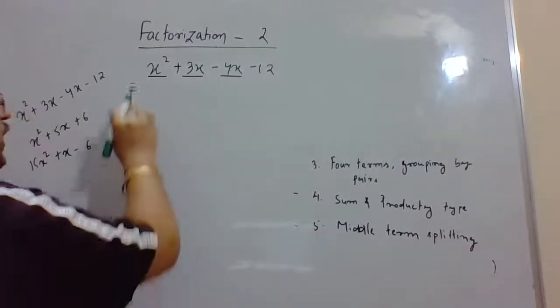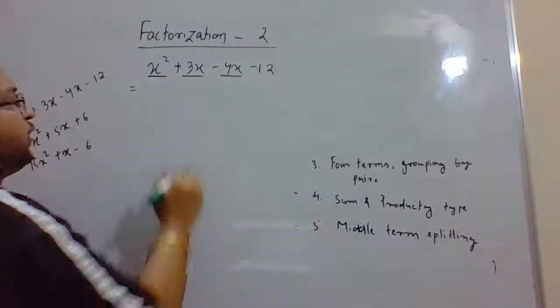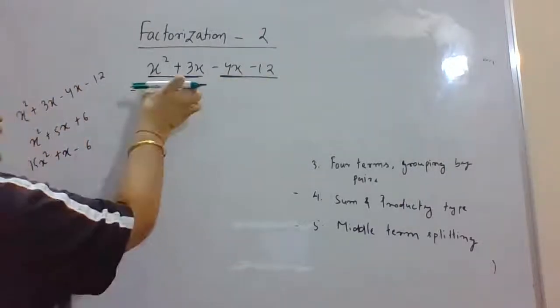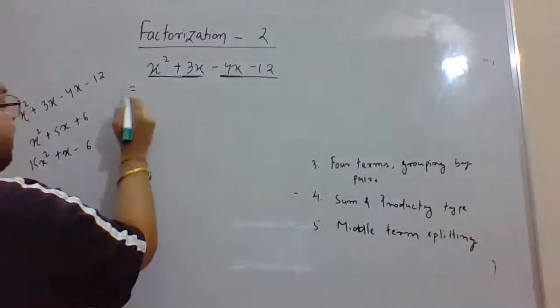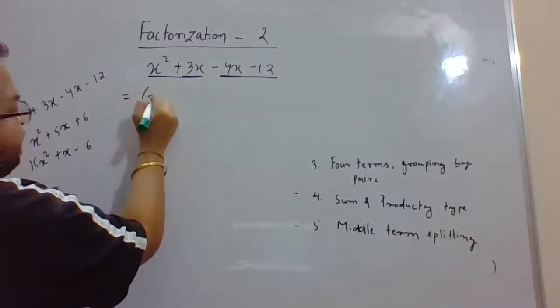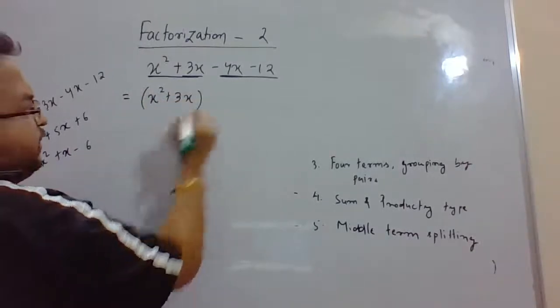So if you see, though there is no common factor across the terms, I can still logically group these two as one term and these two as one term. So we can use this, right? So this is nothing but x squared plus 3x, right?